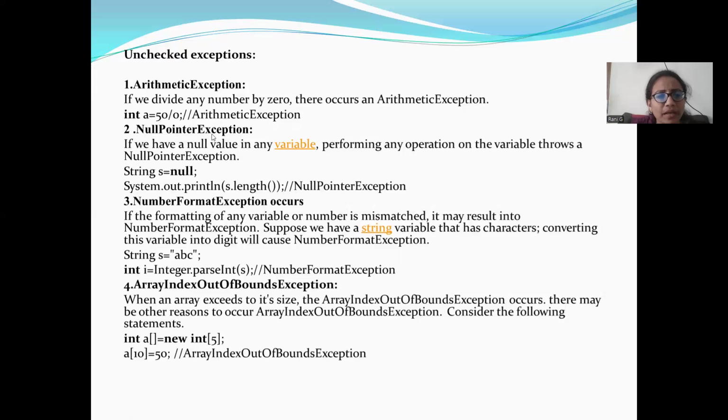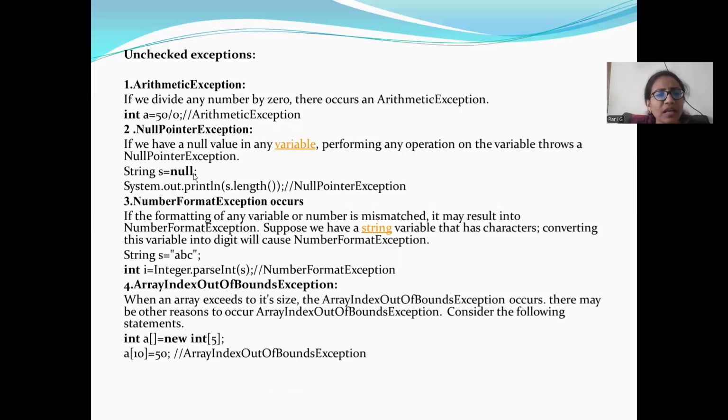Next is the null pointer exception. The null pointer exception is nothing but if we have a null value in any variable, whenever we are performing any operations on that particular variable, using the variable as null, it will throw the null pointer exception. Whenever we are dividing a number by 0, at that time it will throw an arithmetic exception.